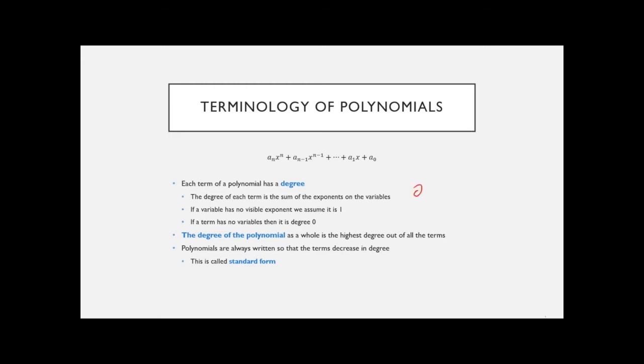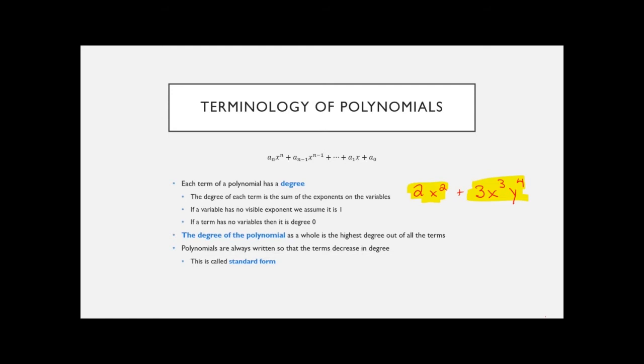So if I have 2x squared plus 3x cubed y to the 4th, and I can have polynomials with more than one variable, that's okay. If I look at this, I have 2 terms: 2x squared and 3x cubed y to the 4th.